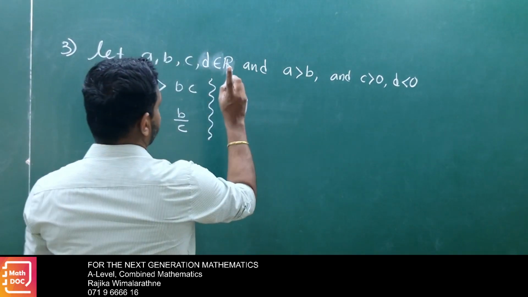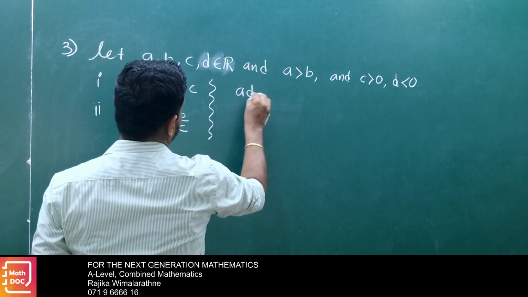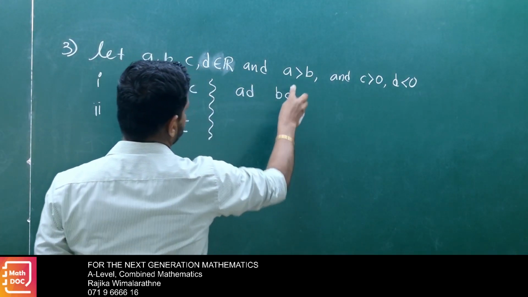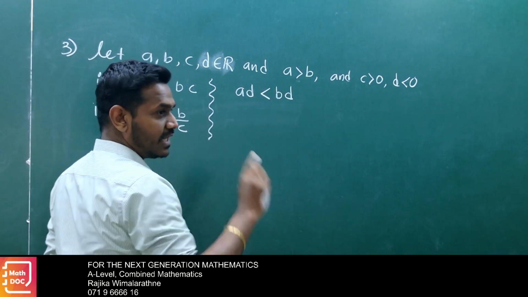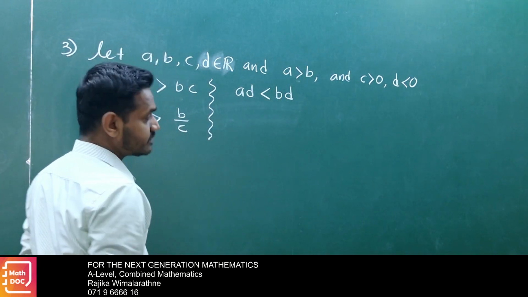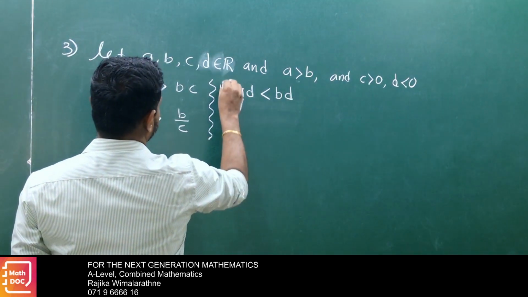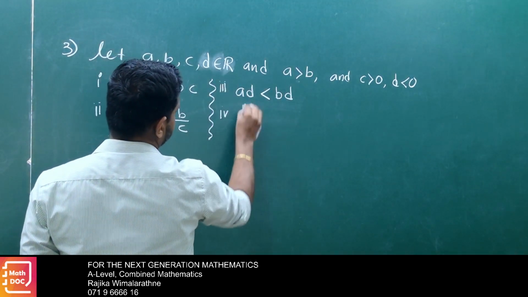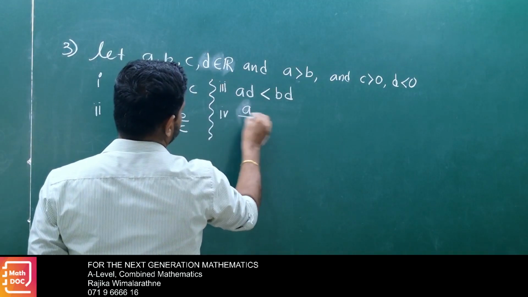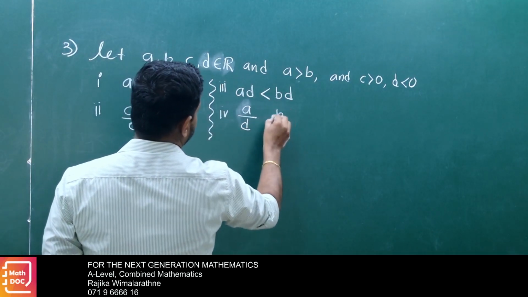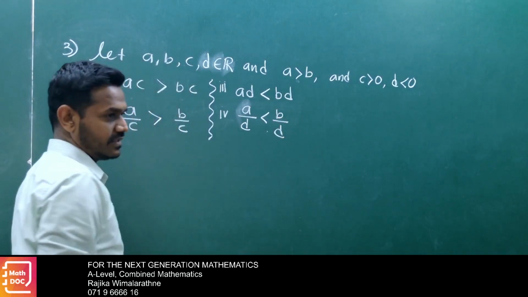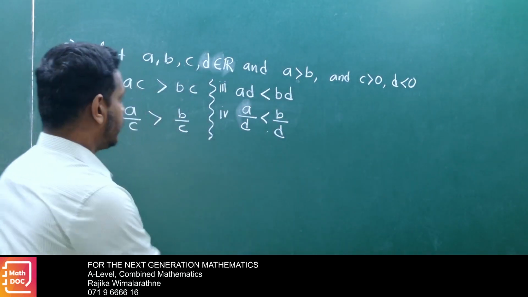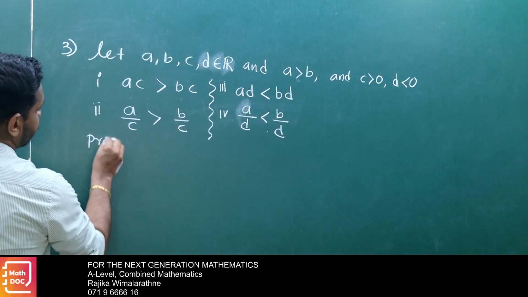So if you multiply by D now, AD, BD, you have to reverse this sign. So when you multiply or divide by a negative value, you have to reverse the sign. That is very important. Here third one, fourth one. Then when you divide, A over D, B over D, you have to change this sign. That is a very important thing.